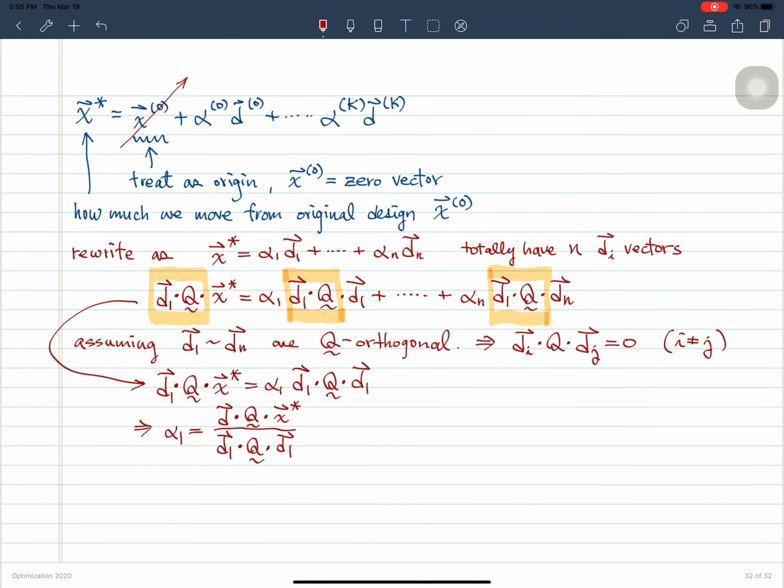If this is something we know, could that be some way for us to calculate alpha 1? So maybe we don't need to do a very complicated sub-problem. We could actually find the right direction, and find how much we move. Okay, so basically that's the idea. So this is the first part of the derivation.